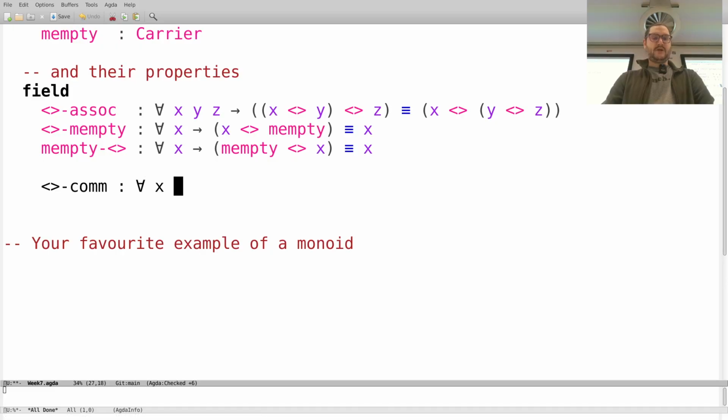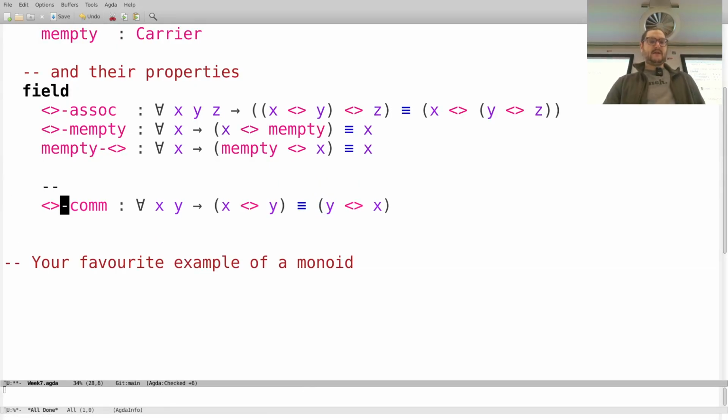A lot of the operations we know and like satisfy commutativity, which is saying that it doesn't matter whether you combine x and y or y and x. So for plus, it's true.